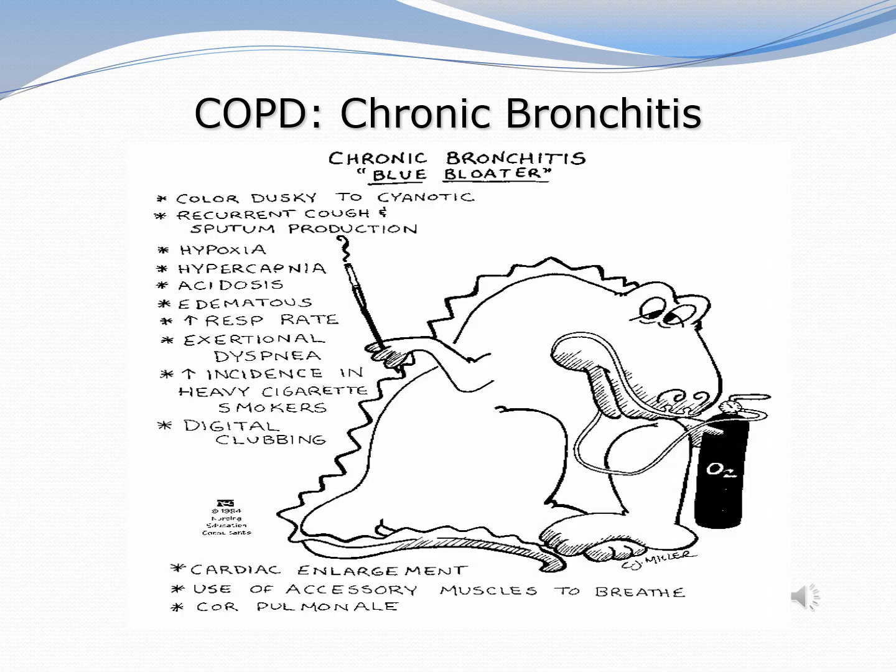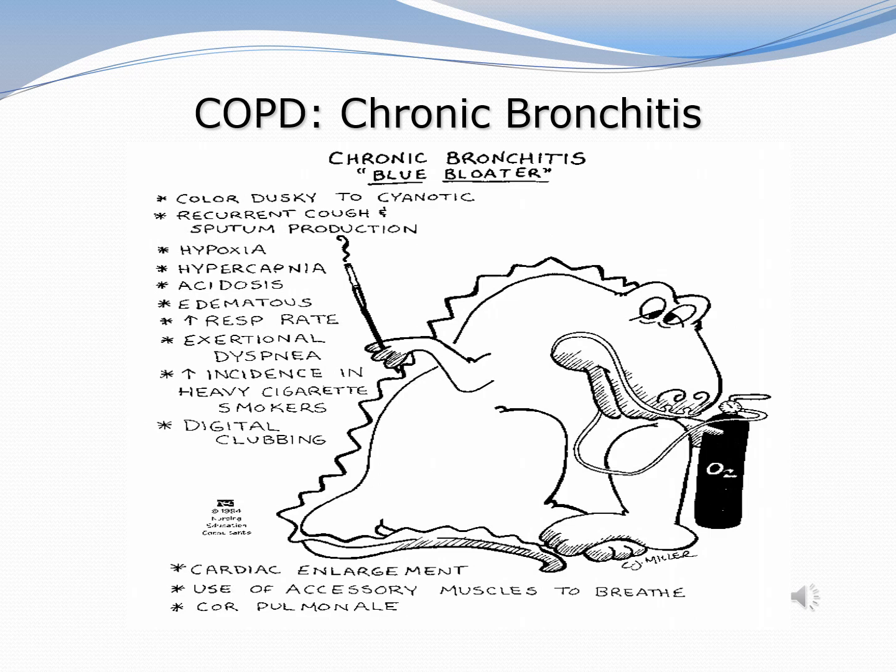Their oxygen level is going to be low. They're edematous. They have an increased respiratory rate, exertional dyspnea, so even getting up and walking to the restroom could wipe them out. These patients also are going to have a very high incidence of heavy cigarette smoking. So these are the ones that when you ask them about their smoking history, they're telling you they have been smoking for 30, 40, 50 years.